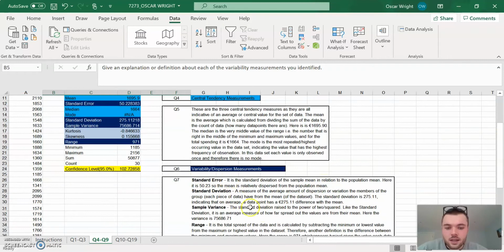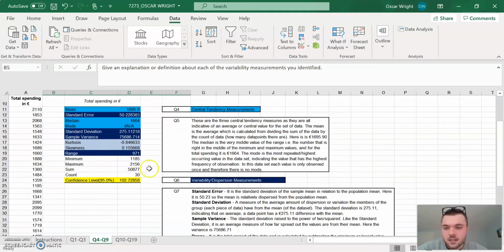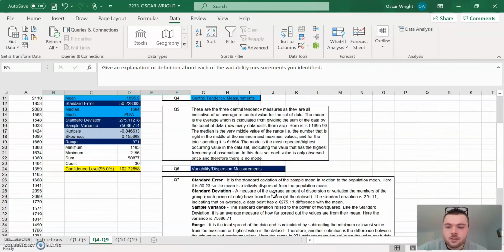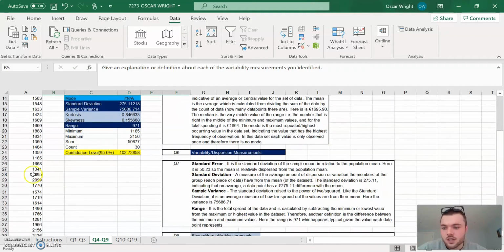So we can say that on average, as the standard deviation here is 275.11, a data point varies from its mean by that value. Some are going to be further away from the mean, some closer, but on average it's going to be 275.11 away from the mean.